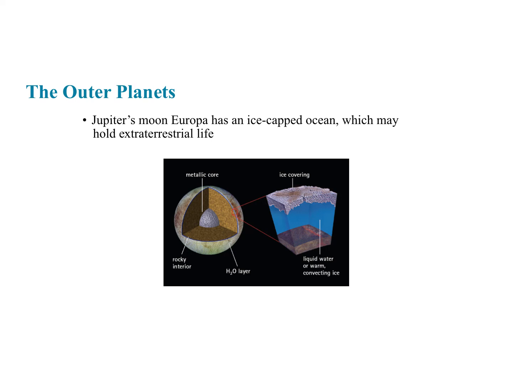Now, this is an incredibly exciting discovery because, as we've already talked about, water is an essential ingredient for life. And so if you ask most astronomers where they think the most likely place to find life in our solar system outside of Earth, a lot of them will tell you in the oceans on Europa.